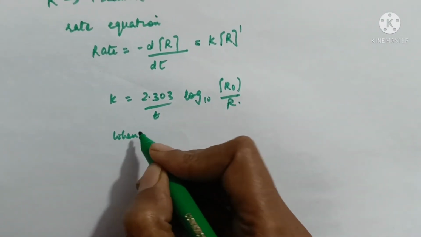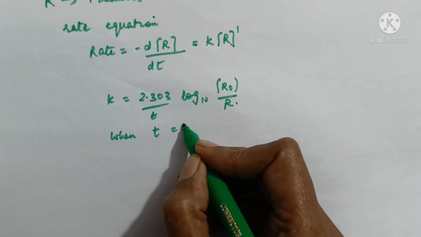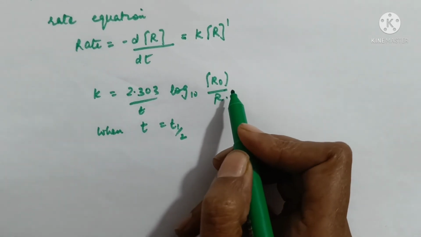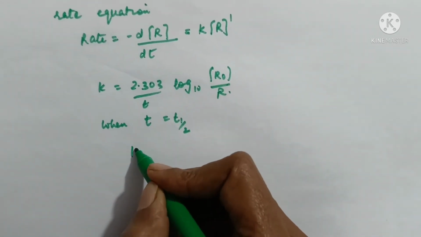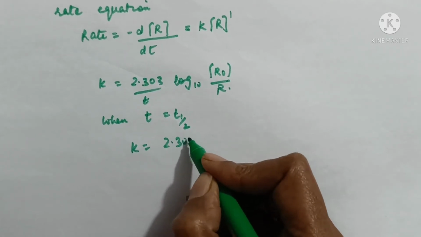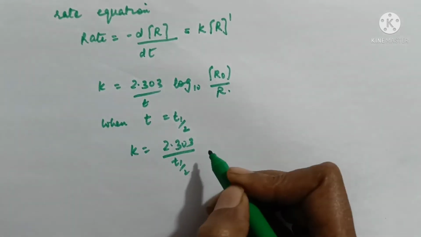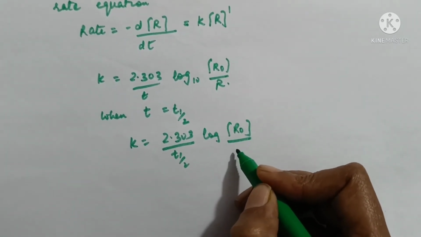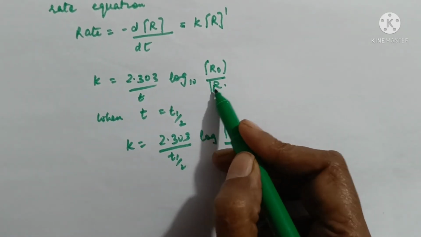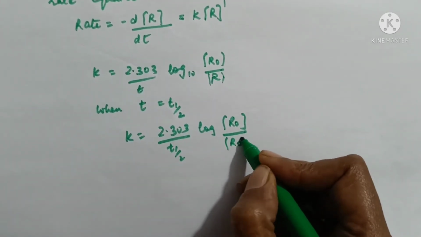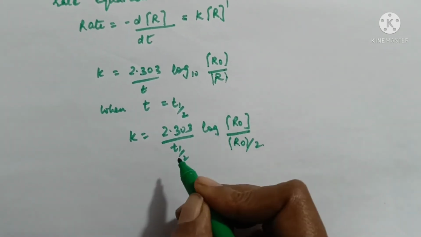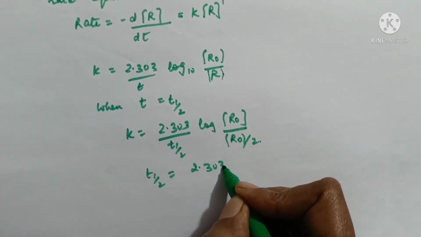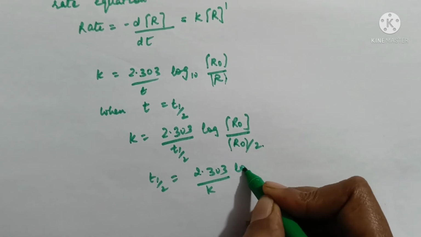When t is equal to t half, that is the time taken for the reactant to be reduced to exactly half, then k will be equal to 2.303 upon t half log of [R]0 upon [R]. [R] becomes half of [R]0, so it becomes [R]0 upon 2. The 2 comes upside, t half we take to this side, so we get t half is equal to 2.303 upon k log 2.